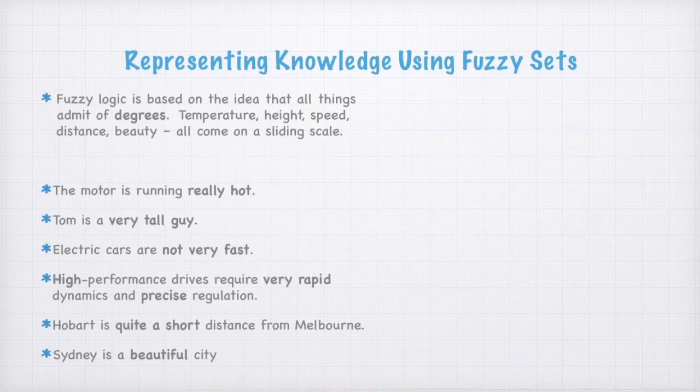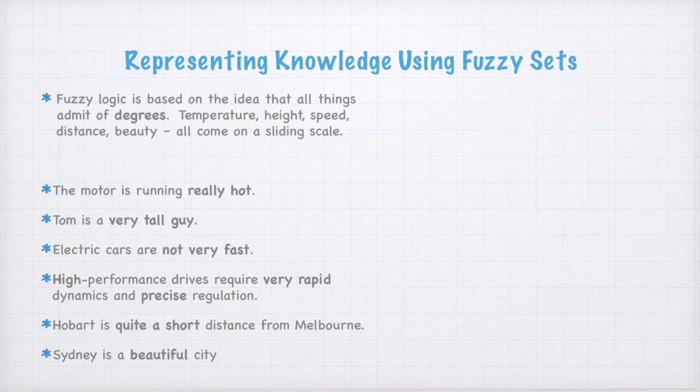So, fuzzy logic is based on the idea that all things admit of degrees. It belongs to a set to some degree. Temperature, height, speed, distance, beauty, all come on a sliding scale. The motor is running really hot. That is the kind of word that we usually use. Tom is a very tall guy.